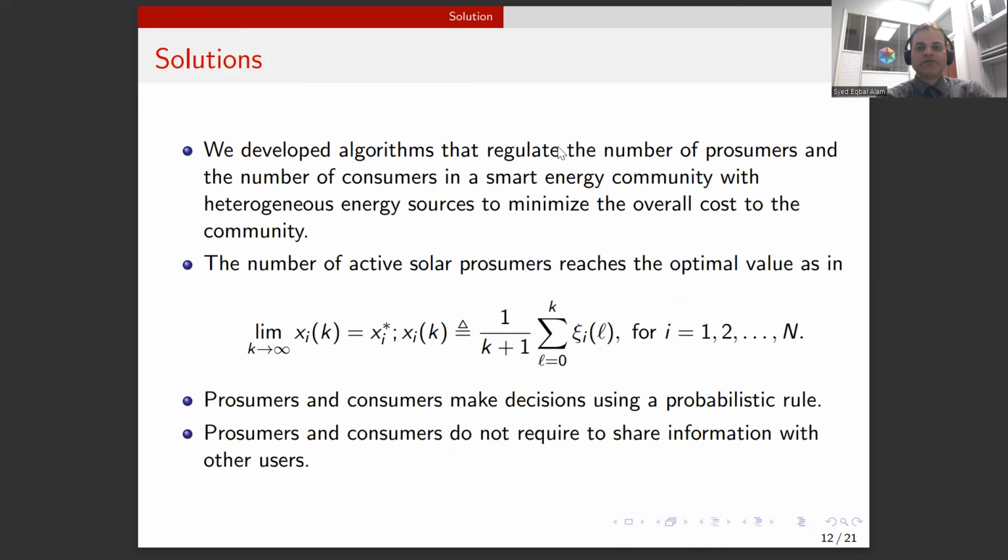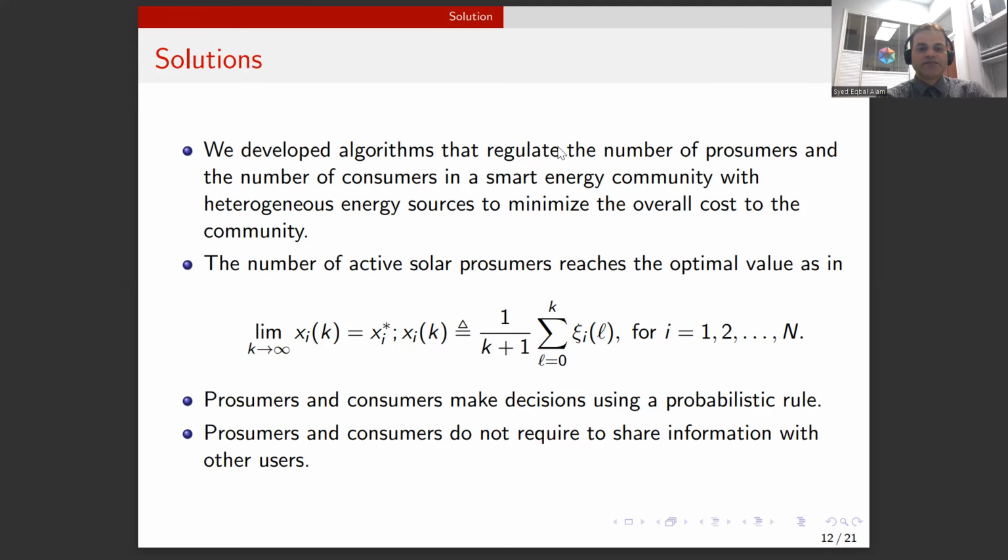We developed algorithms that calculate the number of prosumers and consumers in the smart energy community. And as we saw, we considered heterogeneous energy sources such as solar panels and wind turbines combined. In our solution, the prosumers and consumers do not need to share any information with other prosumers or consumers. They also do not share their cost function or averages with the central server.